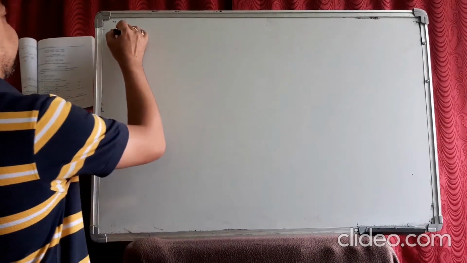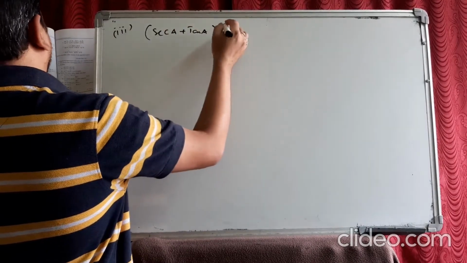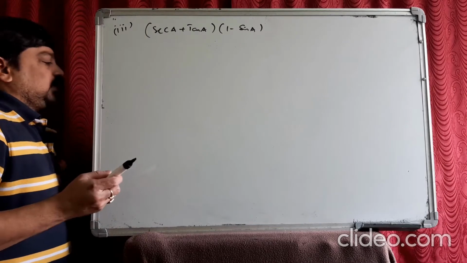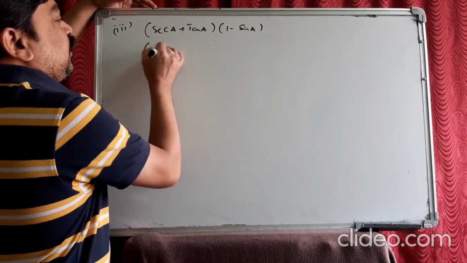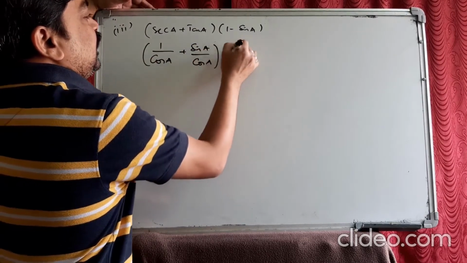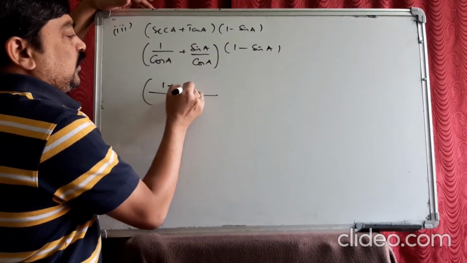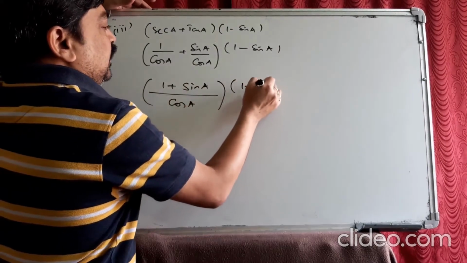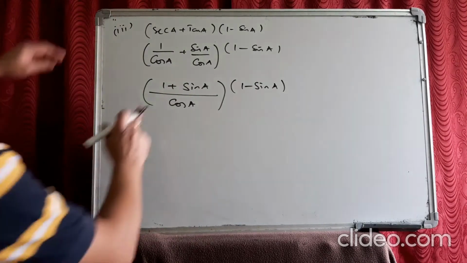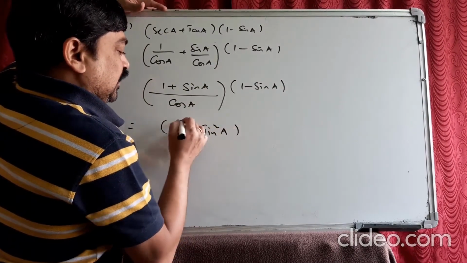See the third question. Secant A plus tan A into 1 minus sin A. For this we'll write 1 by cos A plus sin A by cos A, into 1 minus sin A. In the first bracket, if I take LCM, it is cos A. It becomes 1 plus sin A into 1 minus sin A. So A plus B into A minus B, which is A square minus B square.